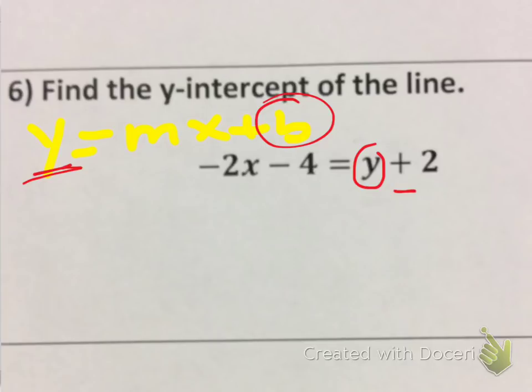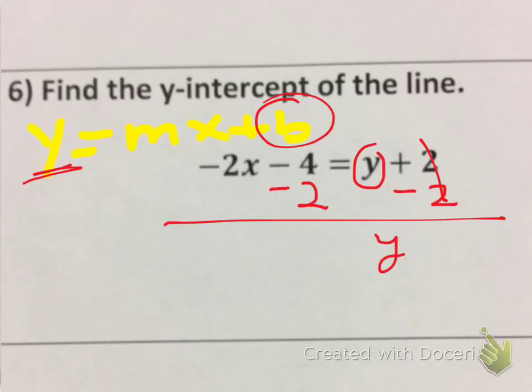This y has the plus 2 over here, so I have to move it over to the other side. To move a plus 2 to the other side of the equal sign, I'm going to have to subtract it. So it cancels over here to just give me y. And then I have a negative 2x, and then a negative 4 and a negative 2 make a negative 6.